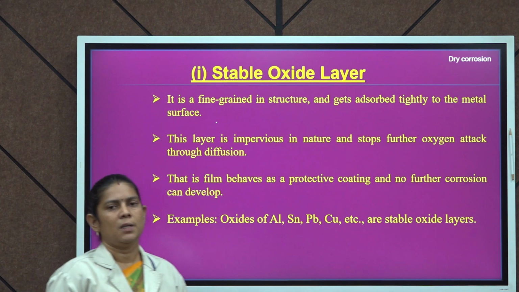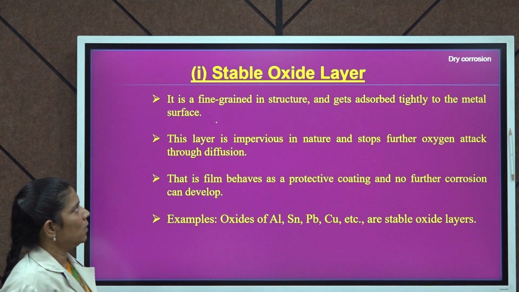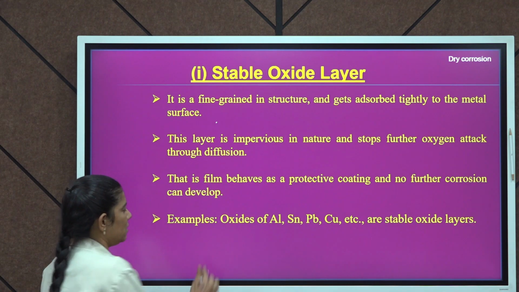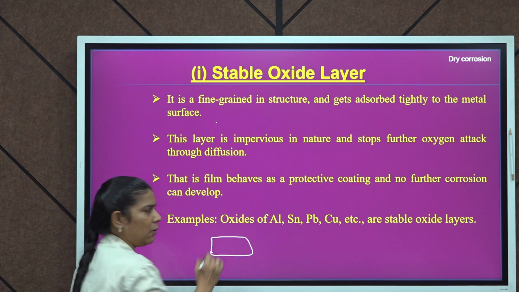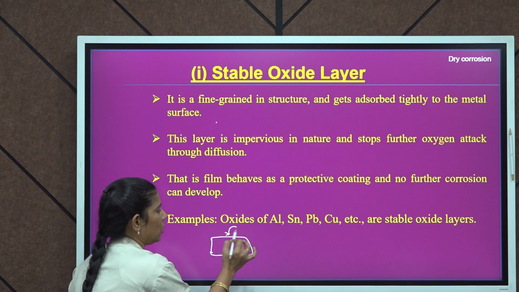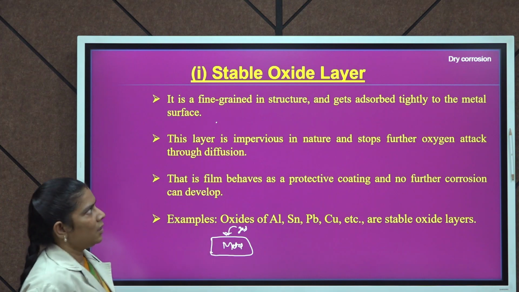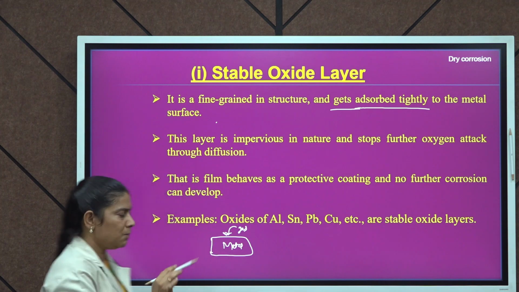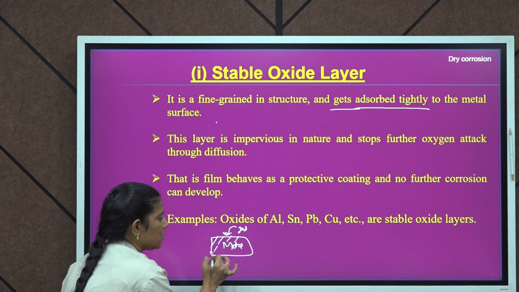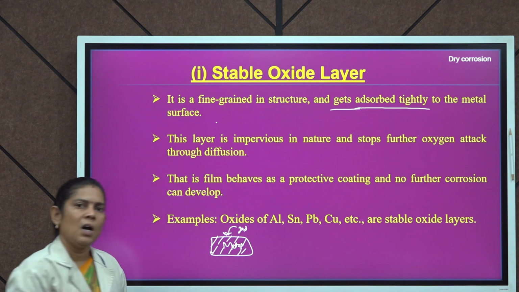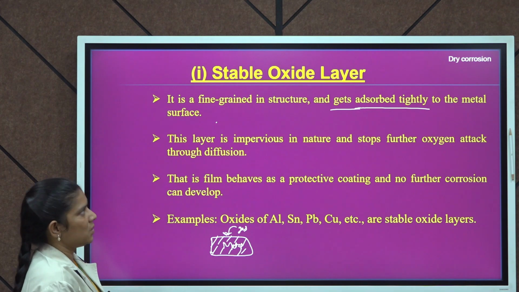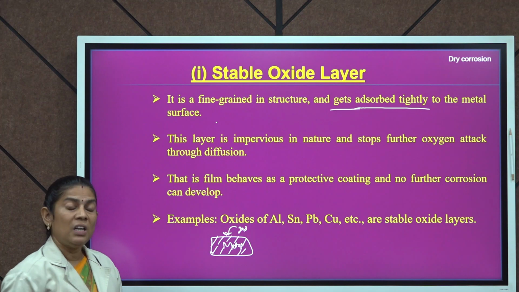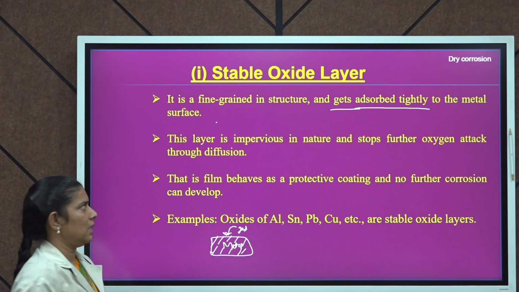The first layer, the stable oxide film or layer. When metals are exposed to the environment, the oxygen or gases attack the metal surface, and the film formed is adsorbed tightly on the metal surface. That type of layer we call a stable oxide layer.